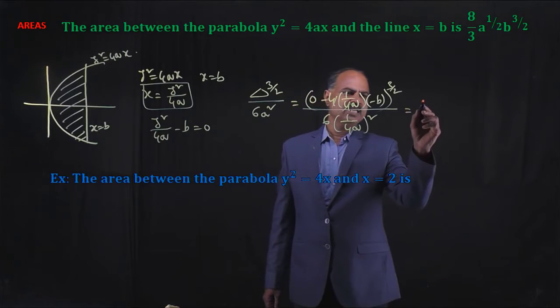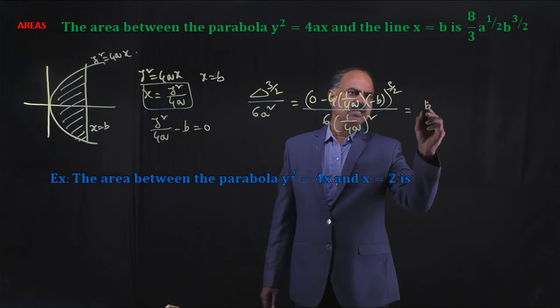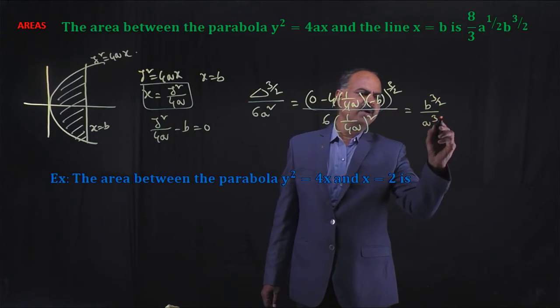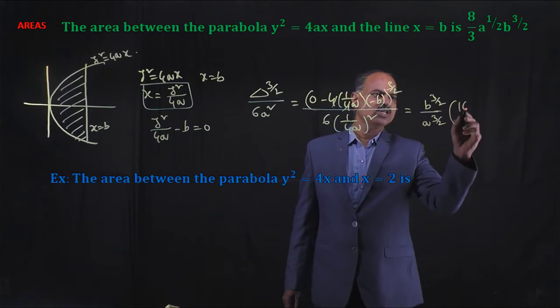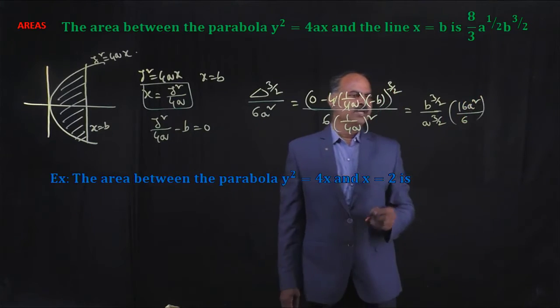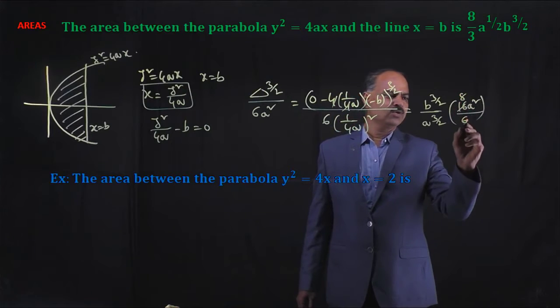So that is equal to b^(3/2)/a^(3/2) into 16a²/6. Now here 2 into 8, 2 into 3.